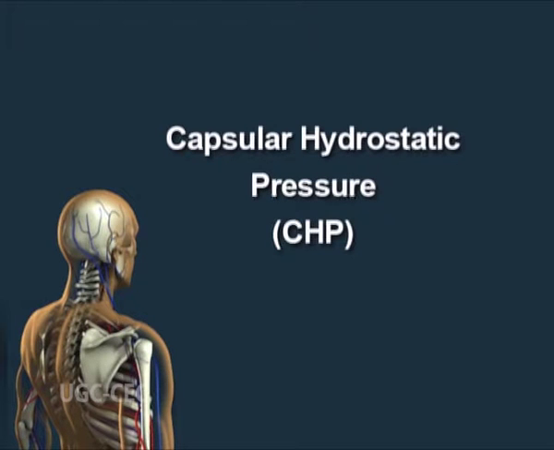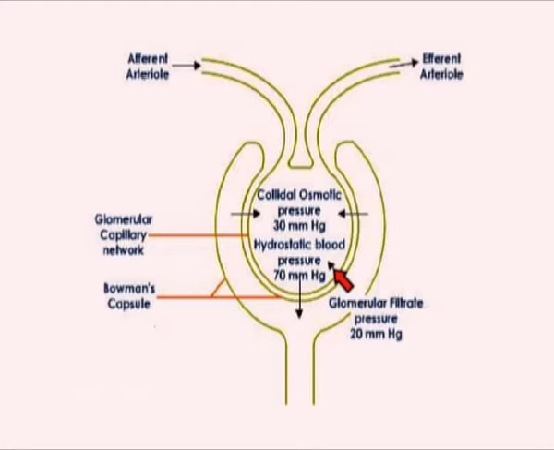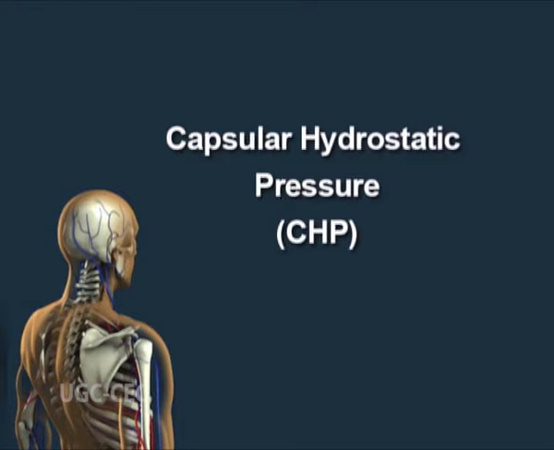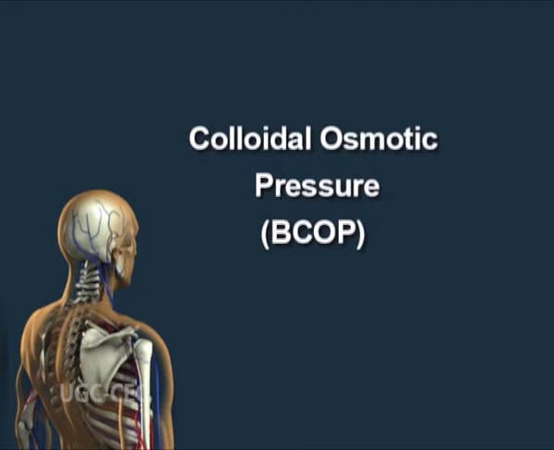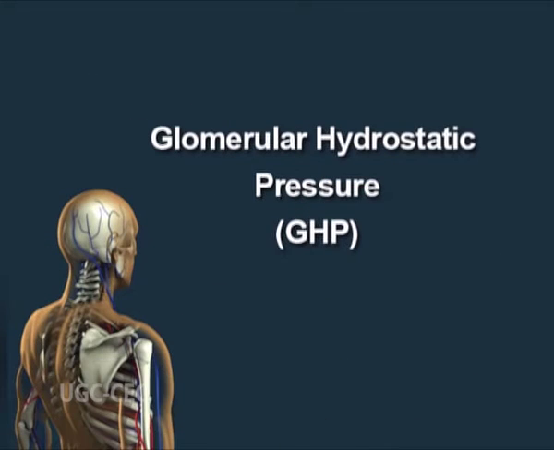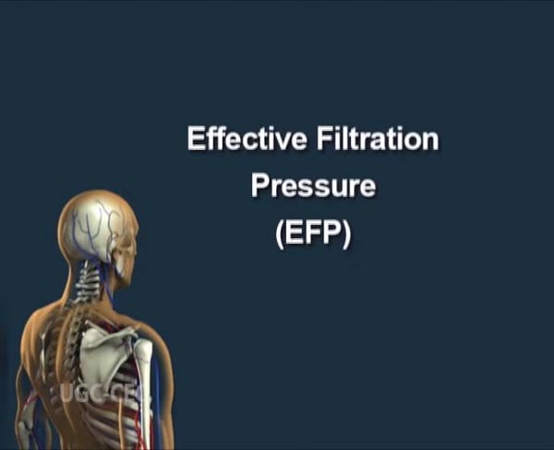The capsular hydrostatic pressure or CHP is caused by the fluid occupying the Bowman's capsule and is about 20 mm mercury. The capsular hydrostatic pressure CHP along with the colloidal osmotic pressure BCOP opposes the glomerular hydrostatic pressure GHP and drives the glomerular filtration. This pressure is known as effective filtration pressure, EFP, which is about 25 mm mercury.